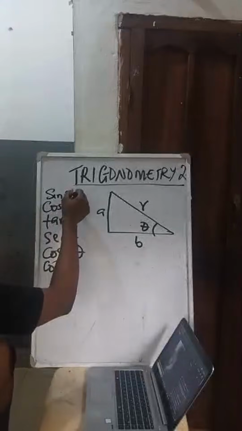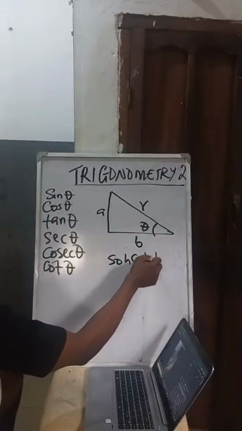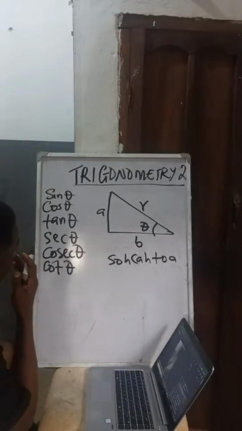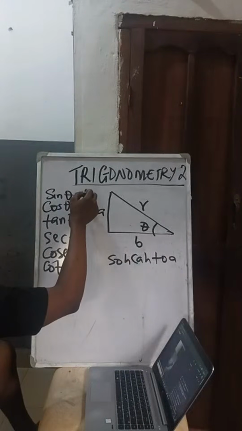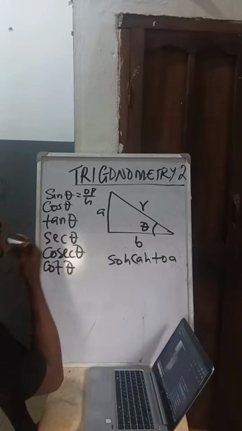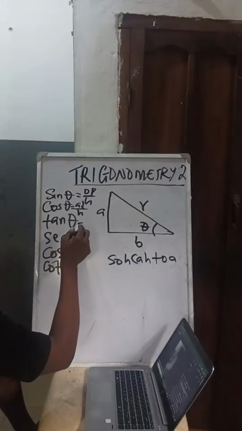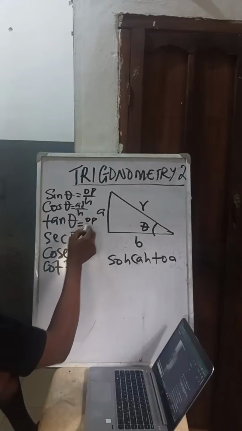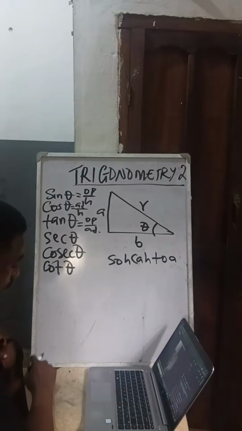So we have SOH CAH TOA. SOH depicts opposite over hypotenuse, CAH means adjacent over hypotenuse, and TOA, tan, means opposite over adjacent. Okay?